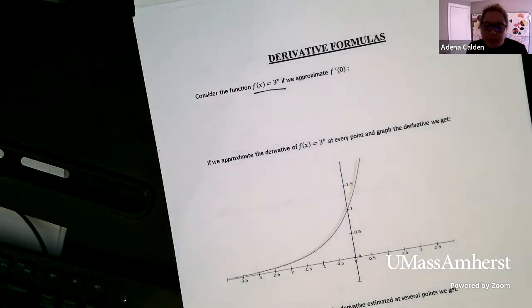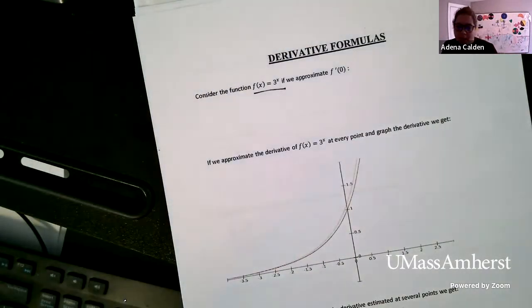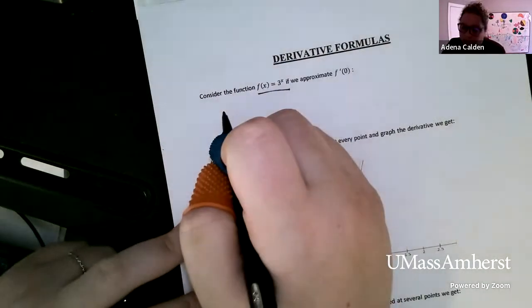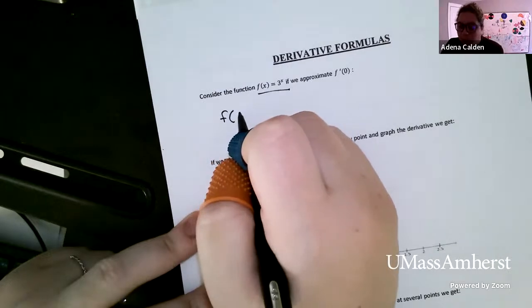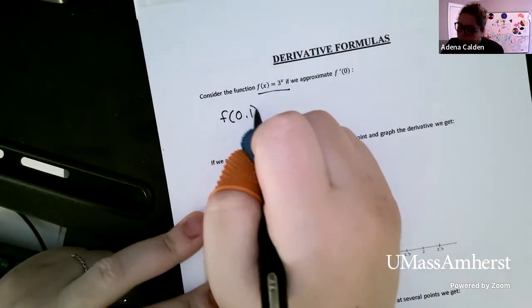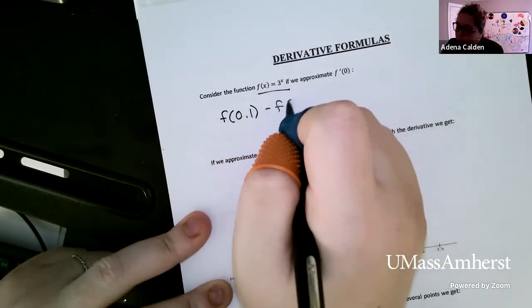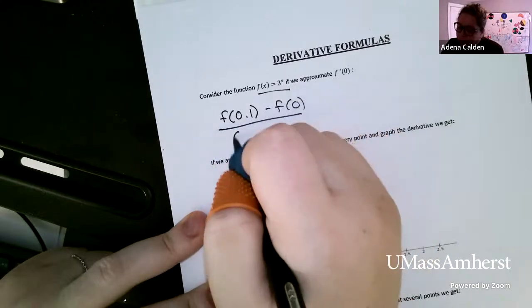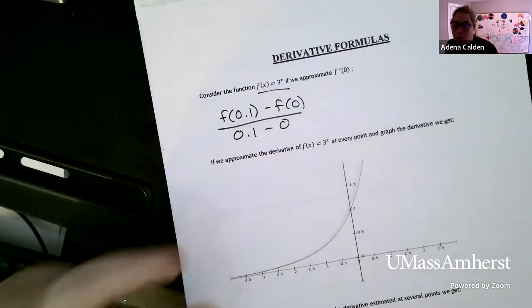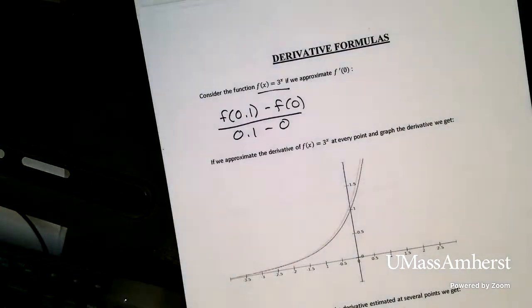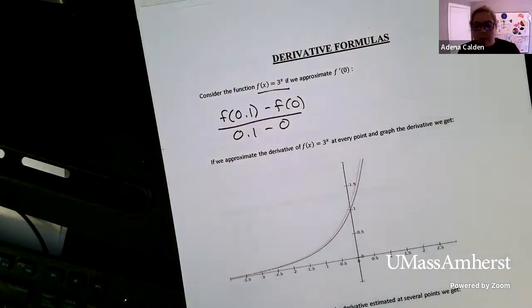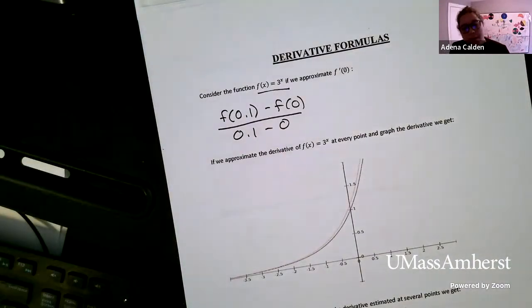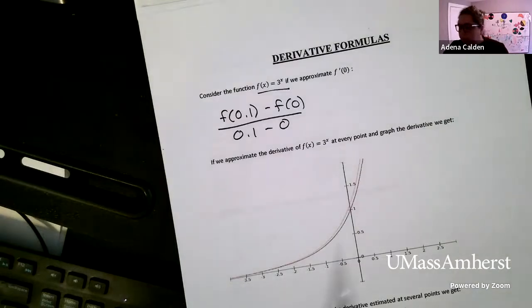If we were thinking about what was going to happen at 0, we would pick values near 0 to approximate the derivative. We would do f of 0.1 minus f of 0, over 0.1 minus 0. We would approximate using the equation for the secant line. We do it to the left and to the right, and we would get some value for the instantaneous rate of change at 0.